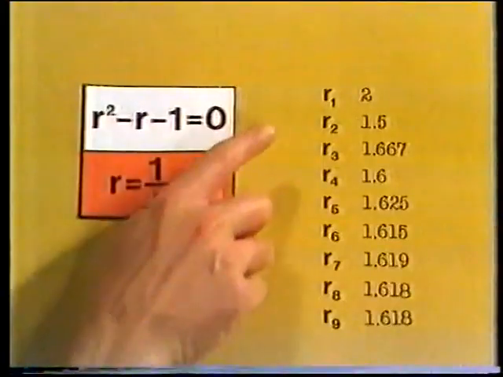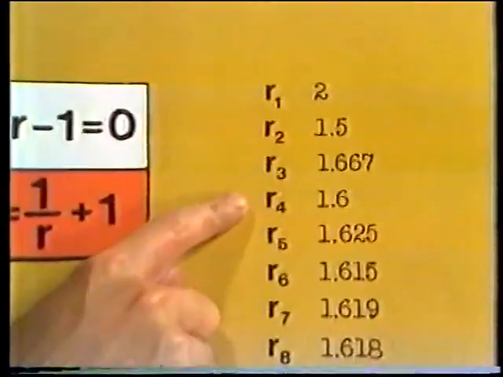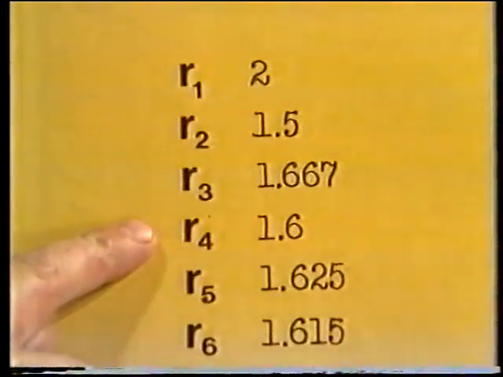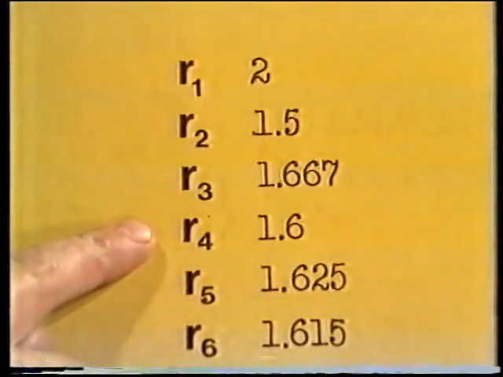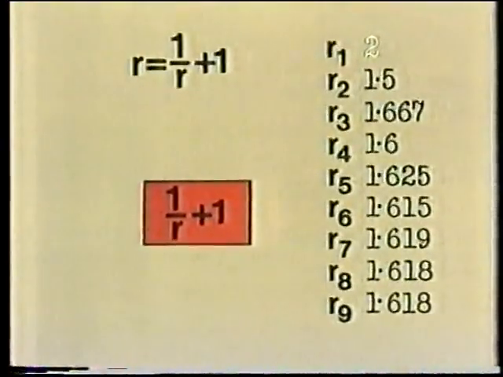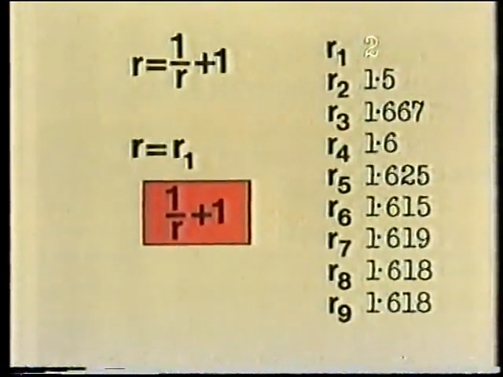Well, now let's concentrate more on the actual process of what's going on. This time thinking in terms of these symbols, but we'll keep the numbers alongside them just so that we can keep track of what's happening. First, we take a number, our value for R1, then we take the expression on the right of our equation and we evaluate it by replacing R by R1.